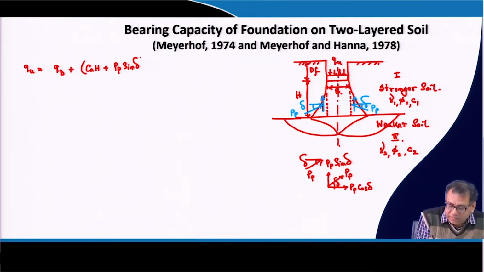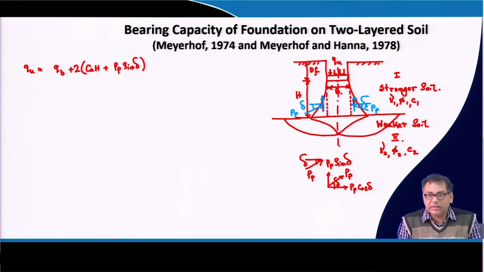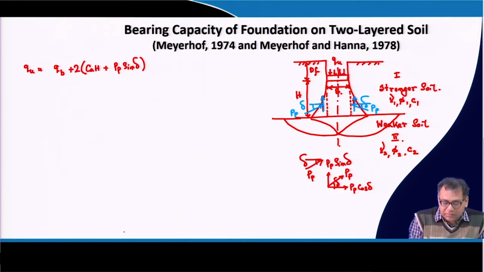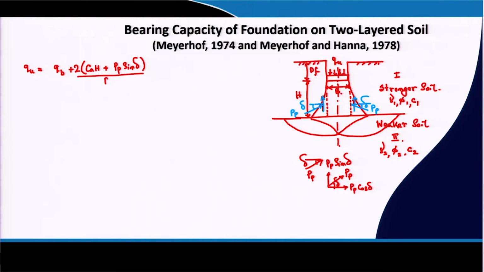So, that is why I have to multiply with 2. Okay. So, this is the Ca into H and this is the Pp. We have to express them per width of the foundation and then minus gamma 1 H.